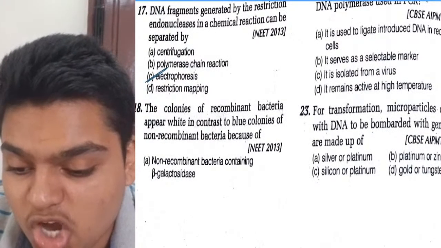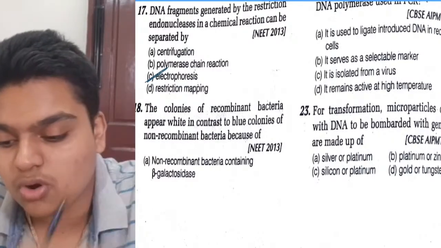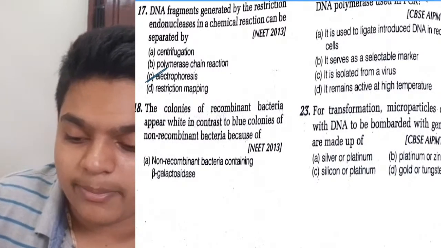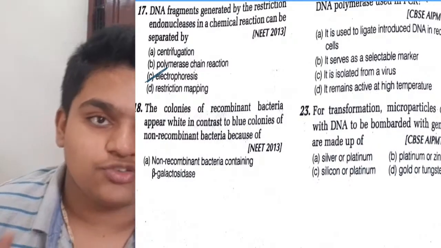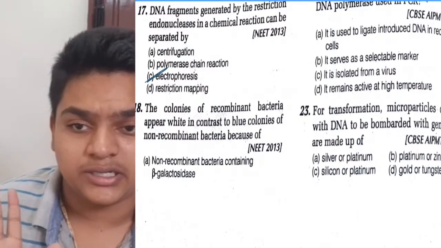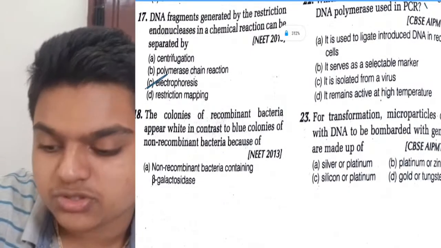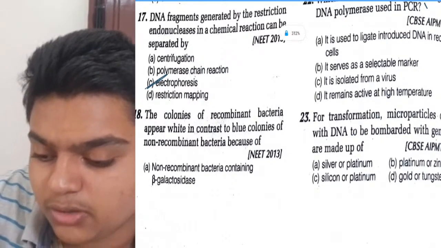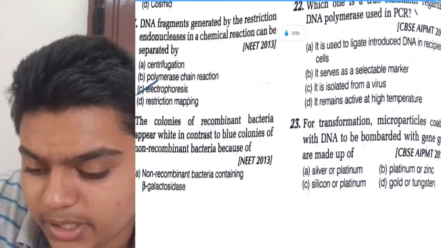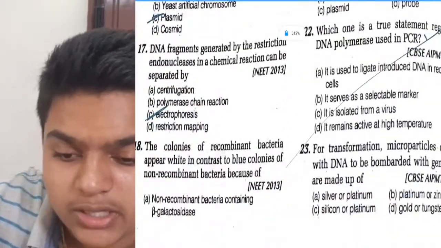Next one, the colonies of recombinant bacteria appear white in contrast to blue colonies of non-recombinant bacteria because of... This is also a tough call for you if you haven't read the NCERT. Non-recombinant bacteria containing beta-galactosidase, that is the first option.